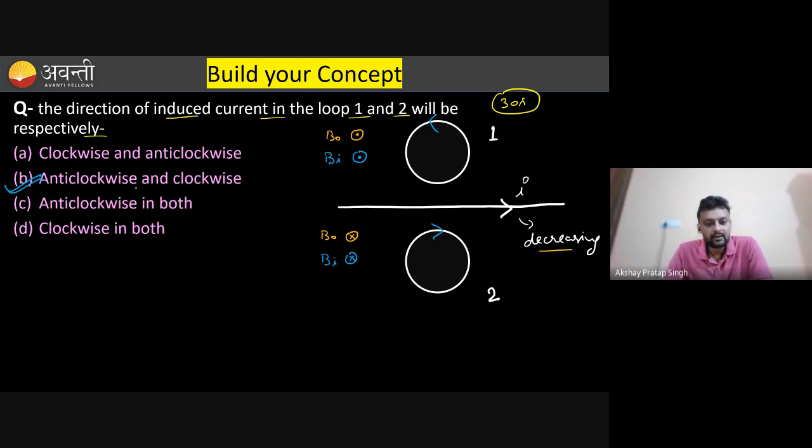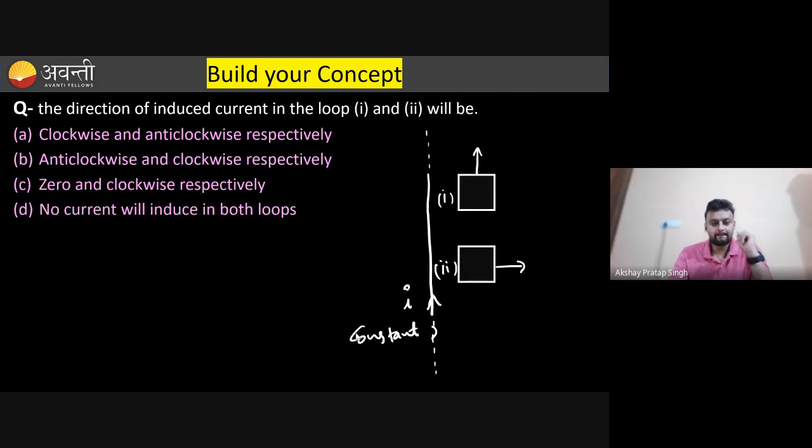Okay. So on this note, I am giving you one more question. The question is on your screen. Now this time, you can see that current is constant. Now answer the question.